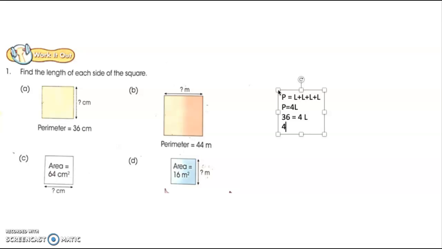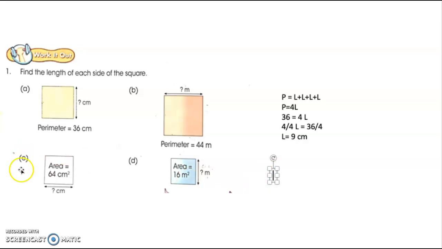So I will divide both sides by 4, to get rid of this 4 and find only L. L is equal to 36 divided by 4. L divided by L will be 1. So 1L is equal to 36 divided by 4, which is 9, right? It is in centimeters. So one side of the square is 9 centimeters when the perimeter is 36.